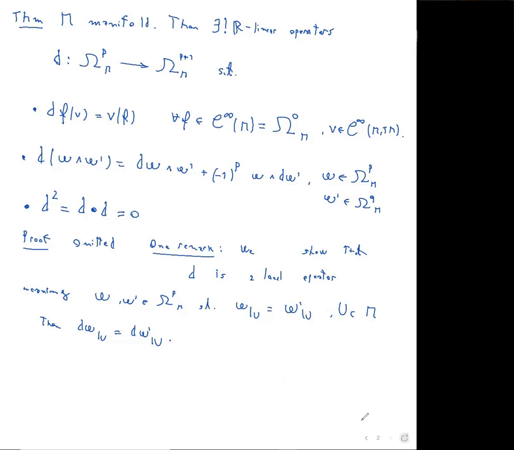I'm going to give you another statement without proof about this differential. Proposition: on a manifold, take omega a smooth p-form, and then take V_1 through V_{p+1} vector fields.